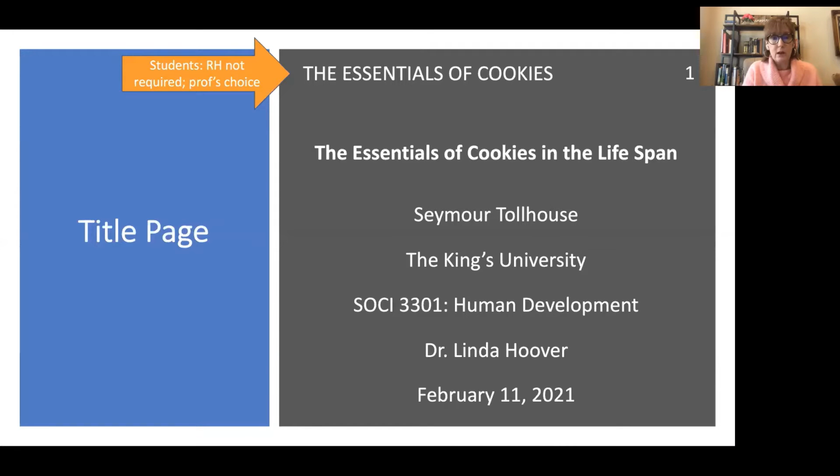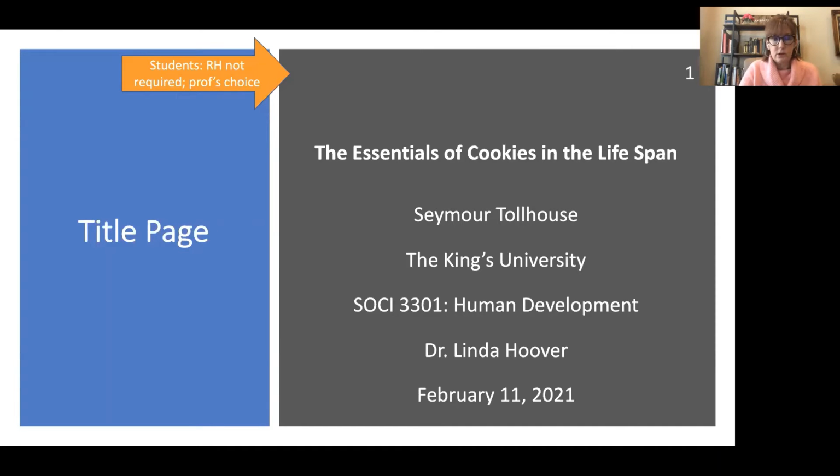The running head is not required. It's the professor's choice. The words "running head" do not appear at all, but the actual title itself in all caps, if the professor is saying, yes, I want a running head, that's what it's supposed to look like. But technically, it's only required in a professional article that's being submitted for publication.